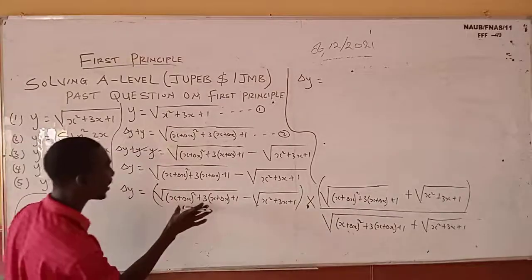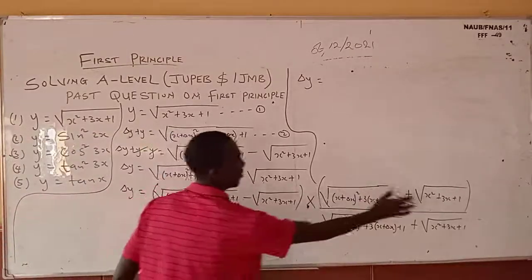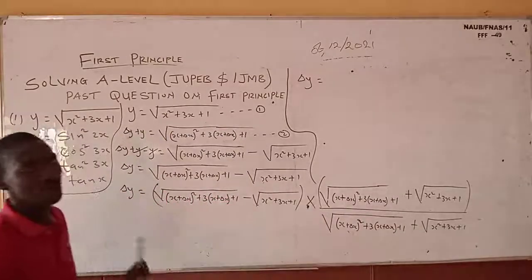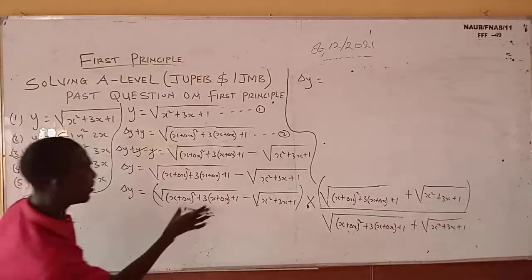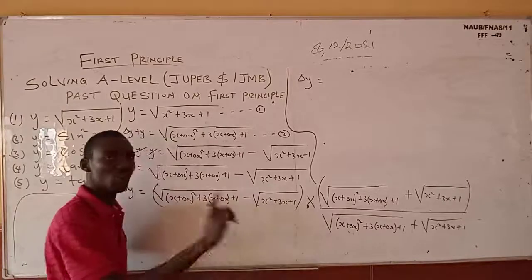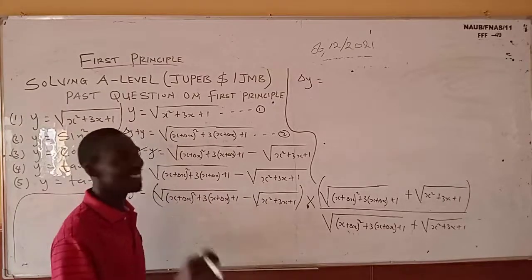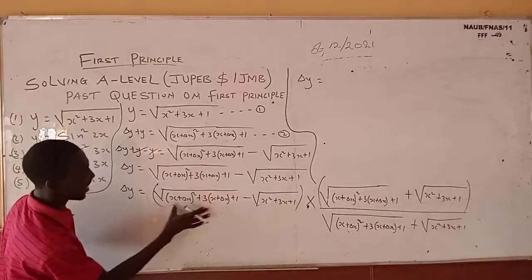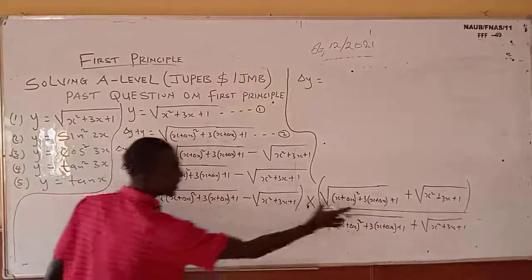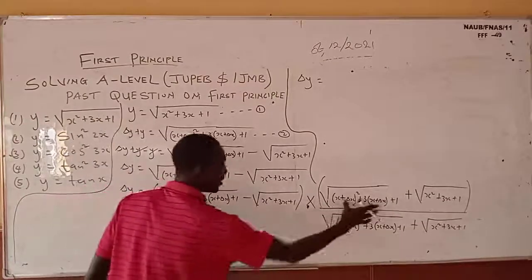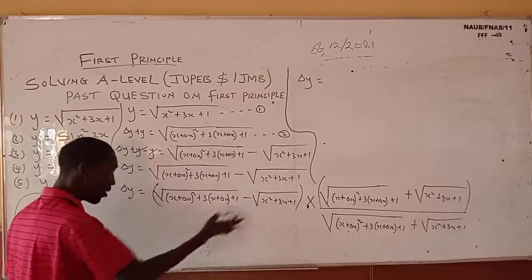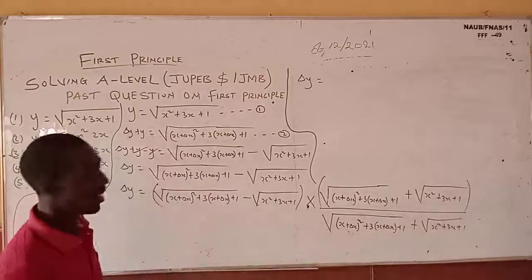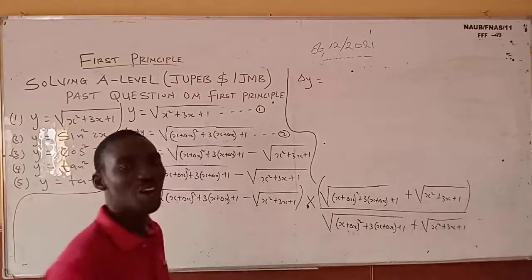So you just multiply this with this and this with this, then you put minus in the middle, then you are done. Don't forget root 3 multiplied by root 3 is 3. So this multiplied by this will just give us what is inside, which is the same thing as this. I hope you get it.